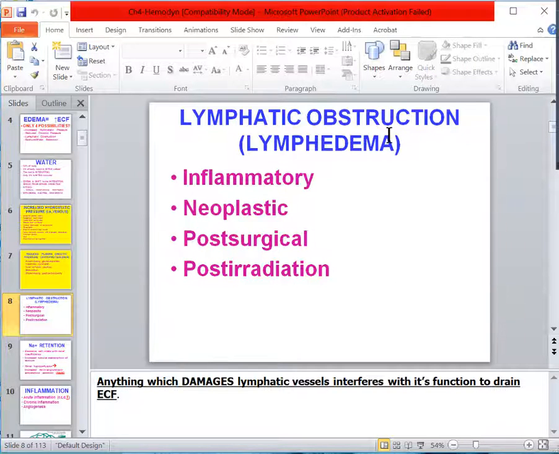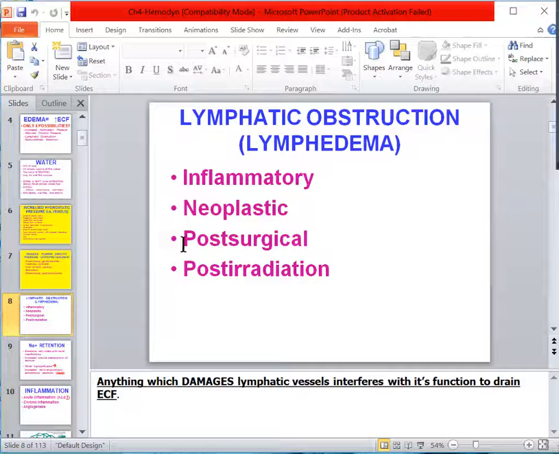So what would happen if your lymphatics were inflamed, maybe there was a lymphadenitis or you had an inflammatory localized thing? Well, it couldn't drain the fluid then, and that's called lymphedema. Let's say they had tumor loaded within your lymphatics and your lymph nodes as well. Well, that would be another reason for lymphatic obstruction.